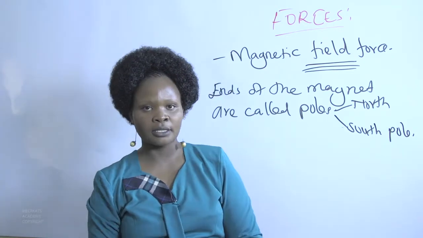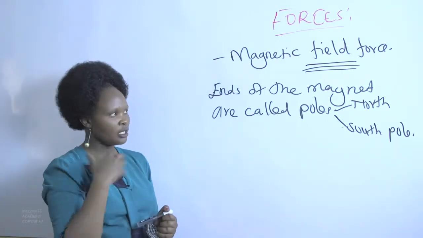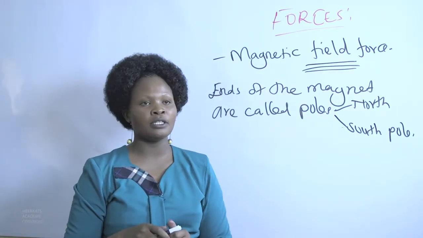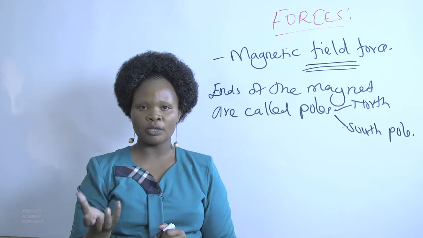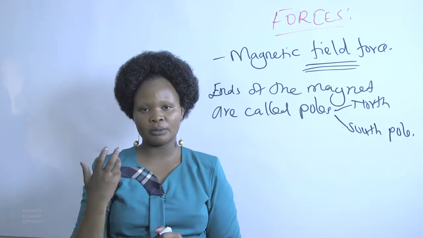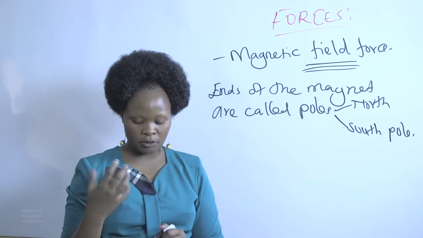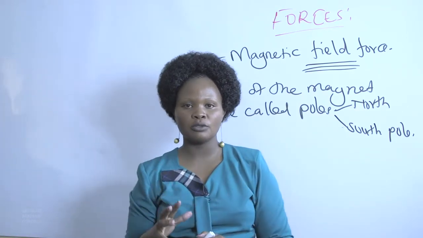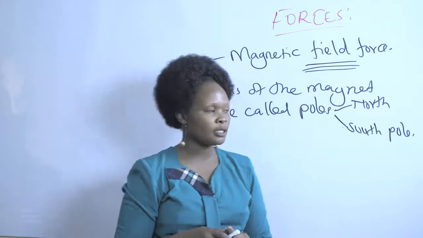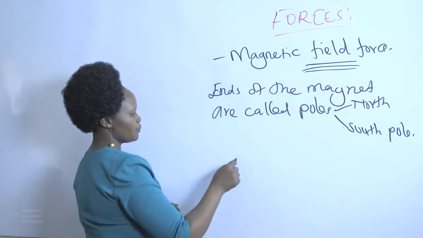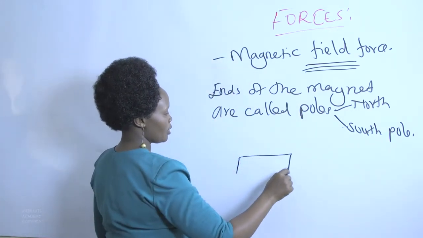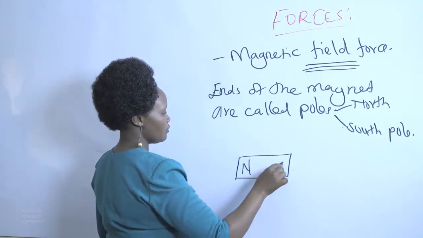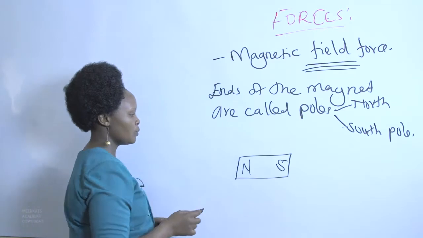Now, we said that a region around a magnet that we call a magnetic field is the region where the effect of that particular magnetic effect is going to be felt, even though the body does not come into contact with the magnet. Now, take our bar magnet, for example.